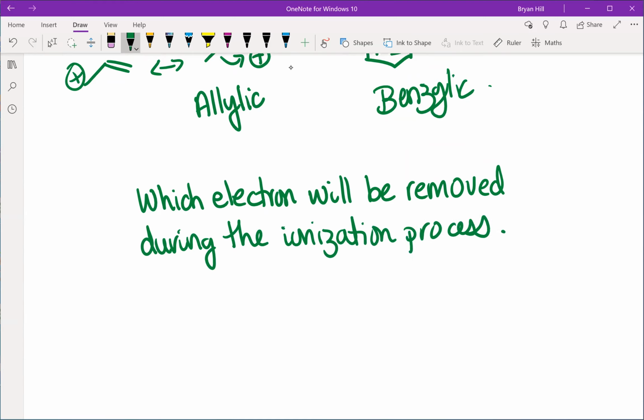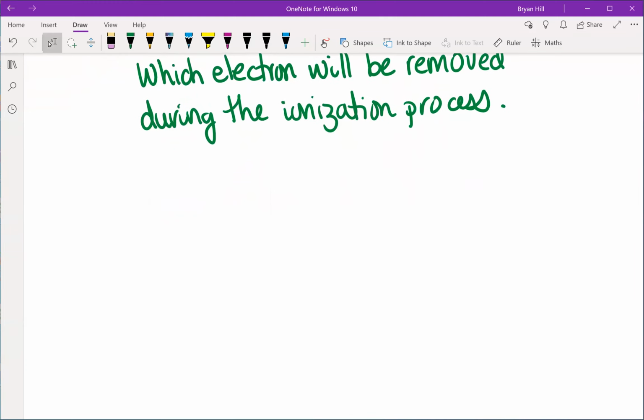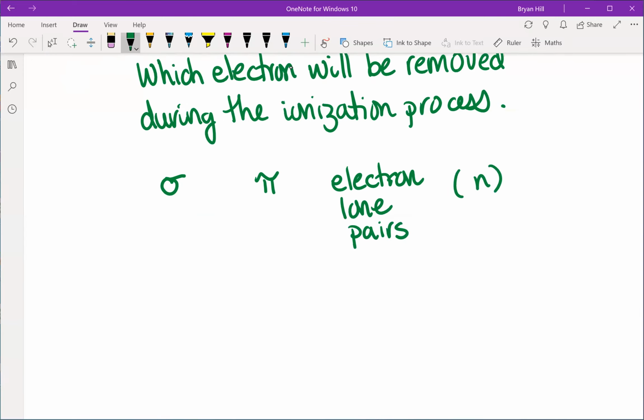What I mean by that is that we could have electrons that are in sigma bonds, we could have electrons that are in pi bonds, we could have electron lone pairs. Electron lone pairs are often abbreviated N for non-bonding electrons. Which one of these do you think would be the easiest to be stripped from the molecule? Or if you had to rank them from easiest to hardest to remove from a molecule?